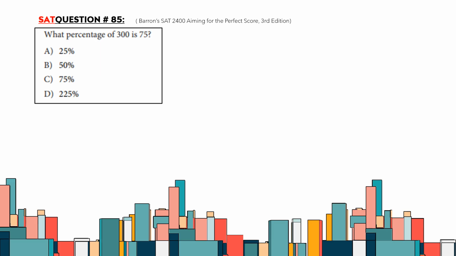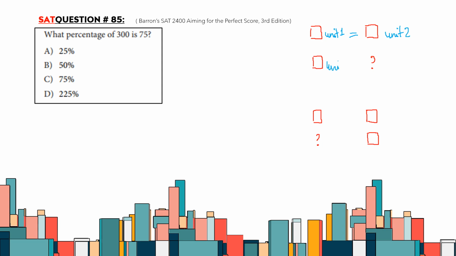So we will be given three pieces of information and then one unknown. Here we have unit number 1, that will be equal to unit 2.